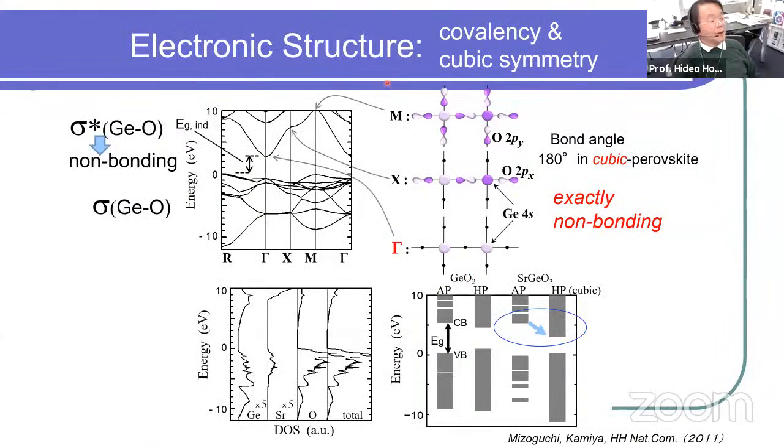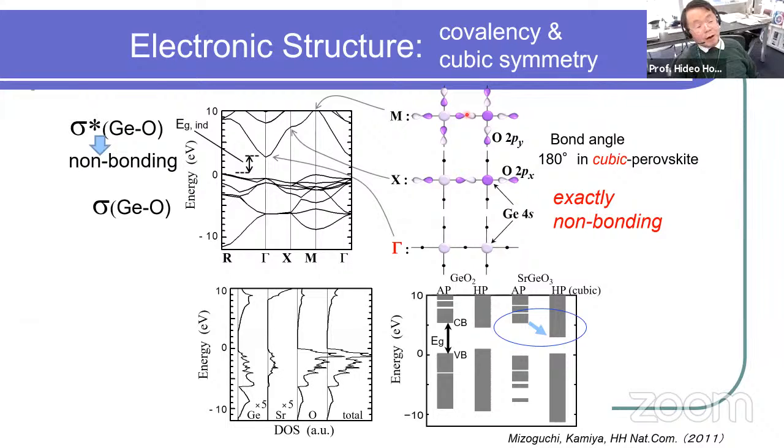This is the calculated band structure, and we focus on the bottom of the conduction band. The bottom of the conduction band in cubic perovskite is very deep. This is the orbital drawing of the bottom of the conduction band: the germanium 4s orbital, oxygen 2p, and the germanium 4s orbital, with bond angle pi, so this level corresponds to perfectly non-bonding.